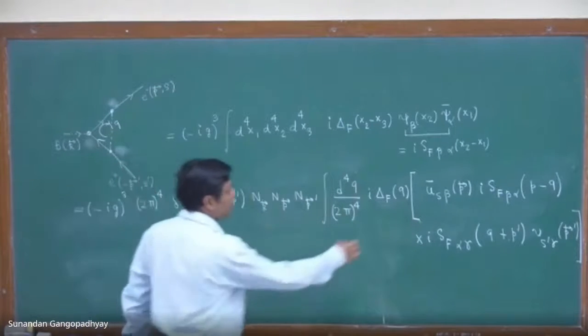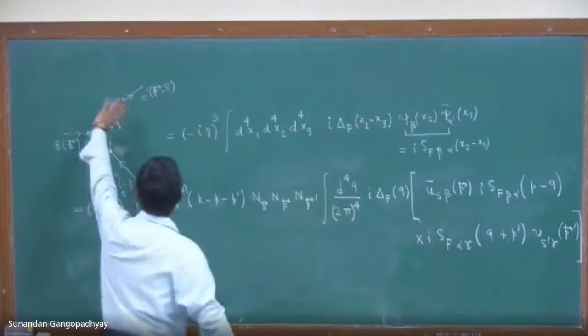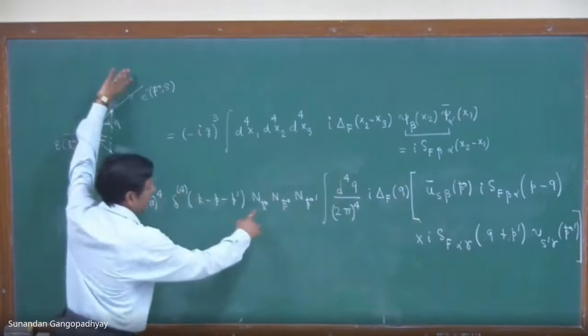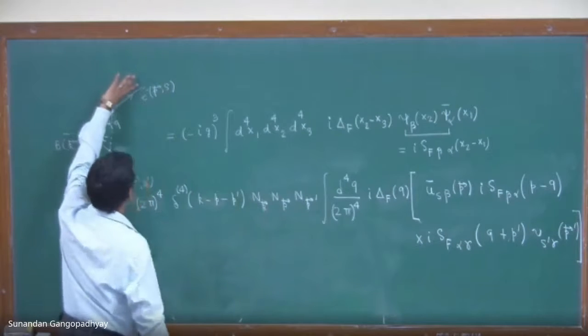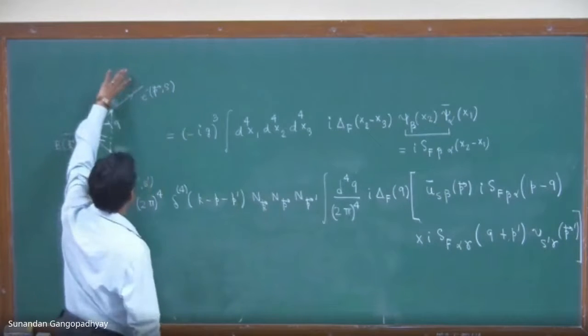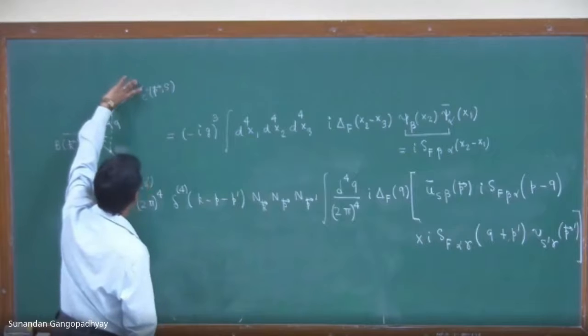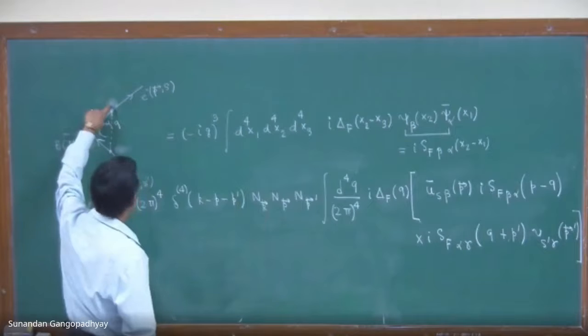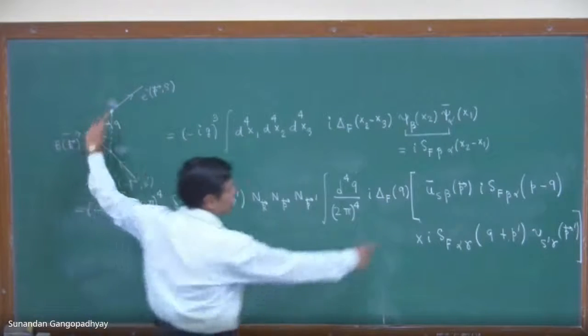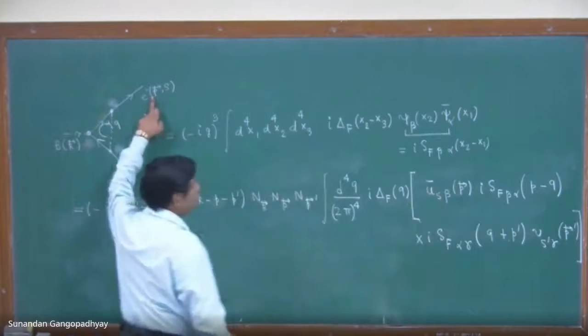Again we have to start from the external lines, because we had only taken care of the normalization factors, but there are also the spinor factors. So you have u bar s beta, calling this vertex beta, with momentum p.